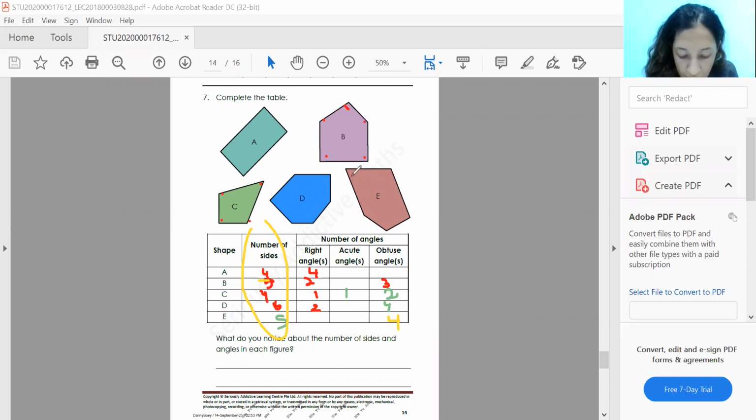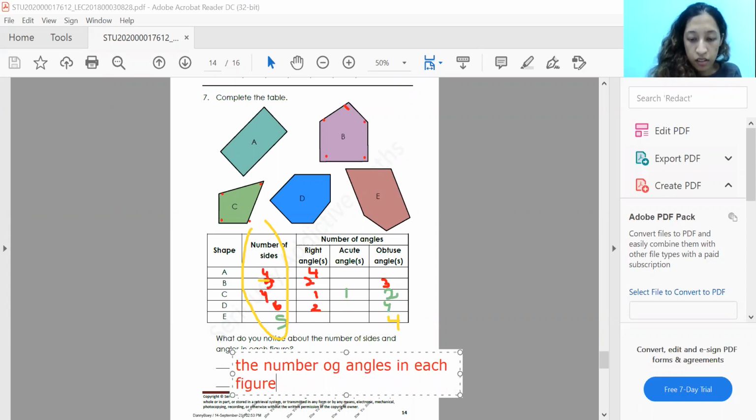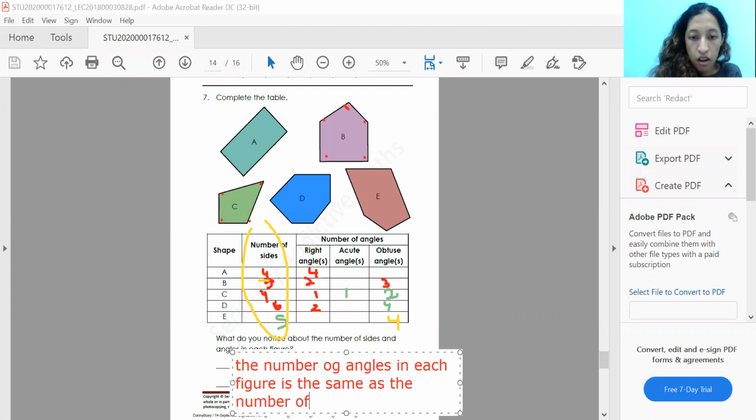So what do you notice about the number of sides and angles in each figure? Okay, the number of angles in each figure is the same as the number of sides.